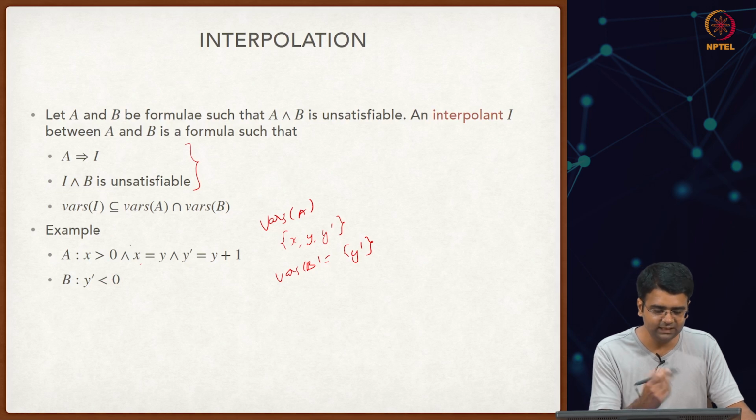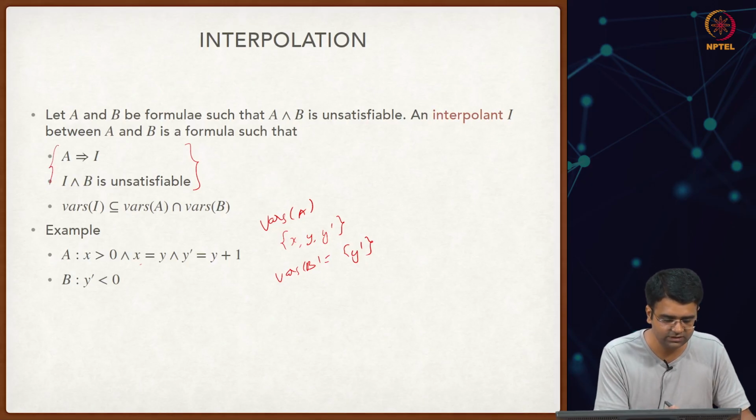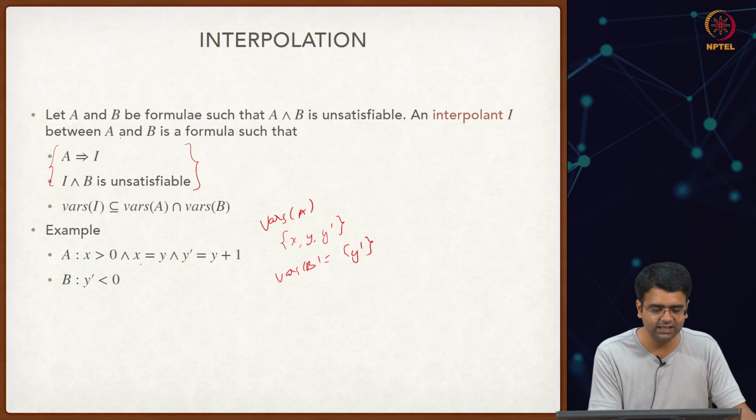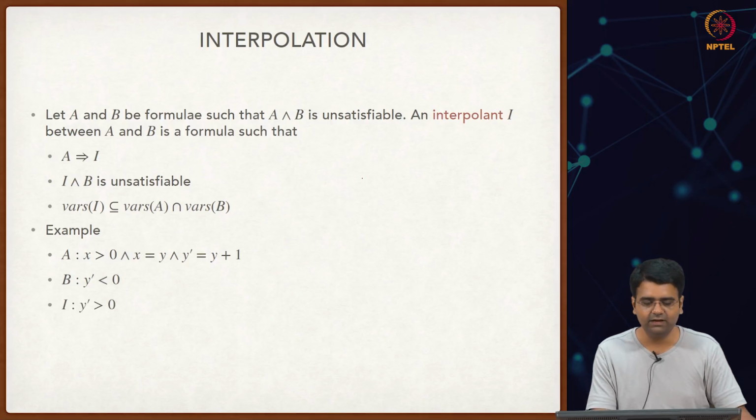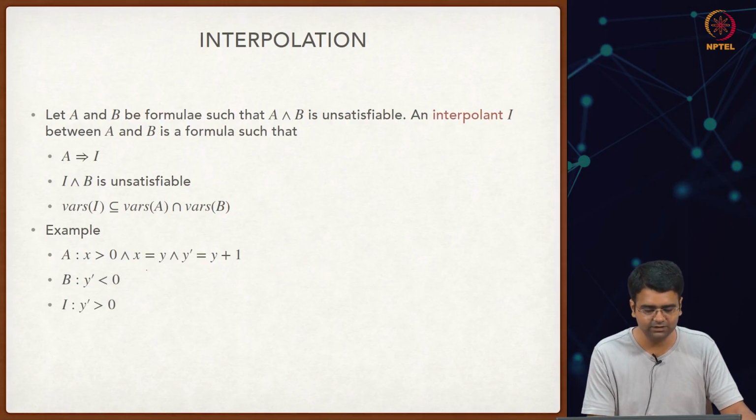Now, what is an interpolant here? An interpolant is something that should only contain the variable y prime and it should also satisfy these two constraints, meaning that A should imply I and I and B should be unsatisfiable. So, in this example, one clear interpolant is y prime is greater than 0. You should convince yourselves that A in this case does imply I, as we just discussed.